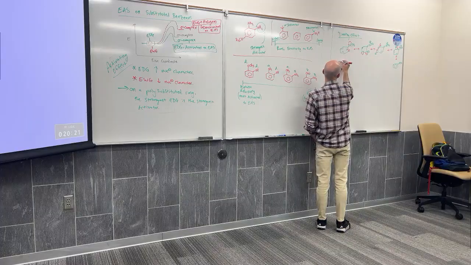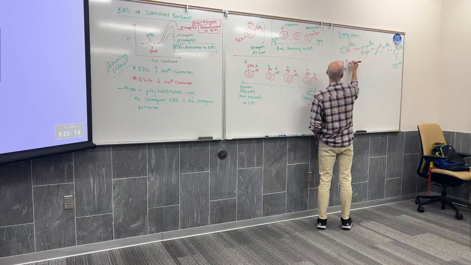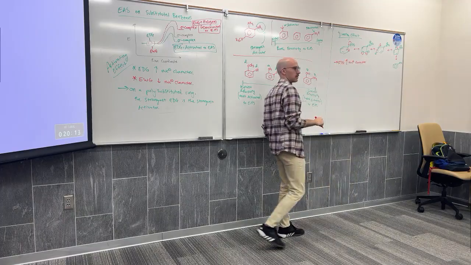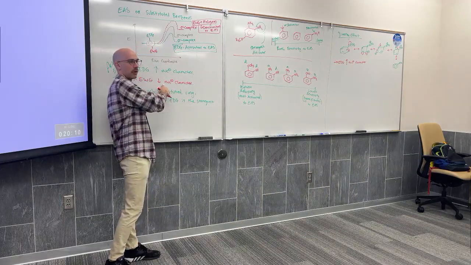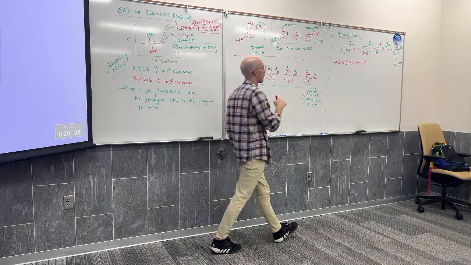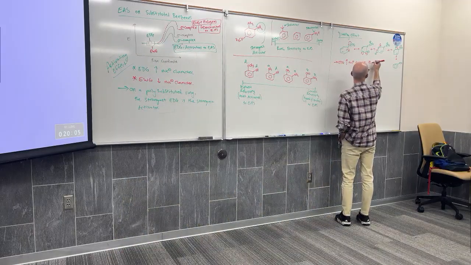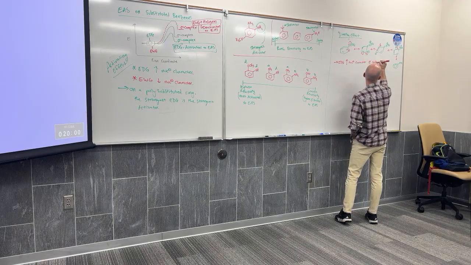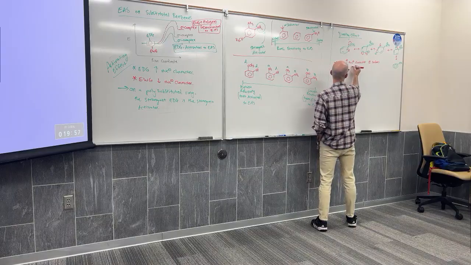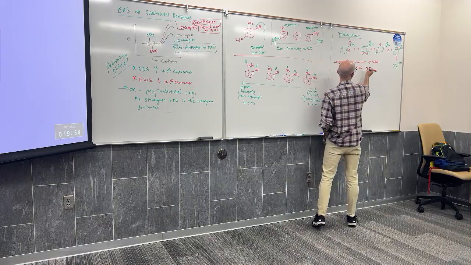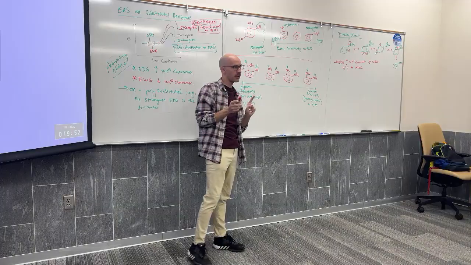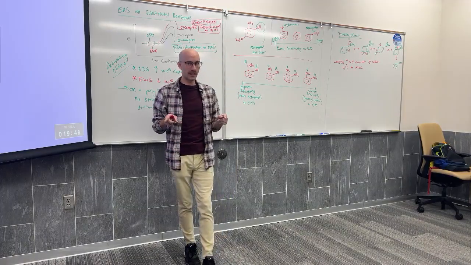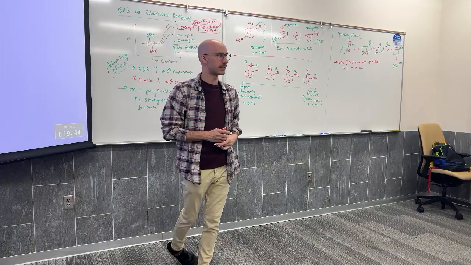Here's the takeaway. Electron donating groups increase nucleophilic character in general, but more specifically at the carbons ortho and para to itself. So the electron donating group is already on the ring, but now it is the command center for all of the other carbons of the ring.